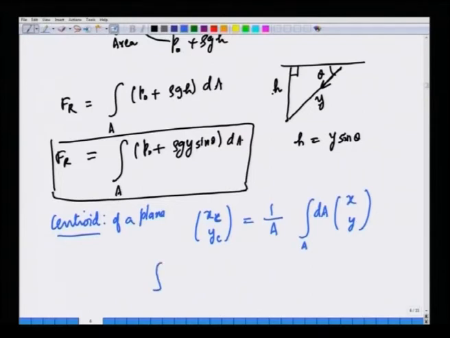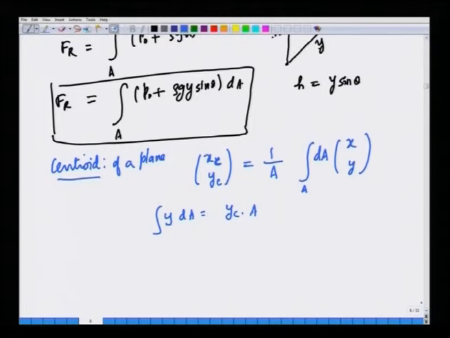So, integral y dA is nothing but y c times A. So, we have F r is P 0 A upon integration, where P 0 is a constant, usually the atmospheric pressure, plus rho g sin theta.